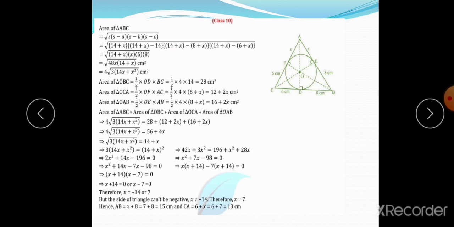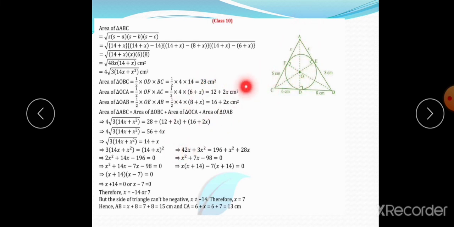Now come to the normal formula for the area of a triangle: half into base into height. Here we can divide into three triangles. One is by Heron's formula and another is by using the normal triangle area. So base is 14, height is OD. Similarly here the base is 8 plus X and height is OE, and here the base is 6 plus X and height is OF.